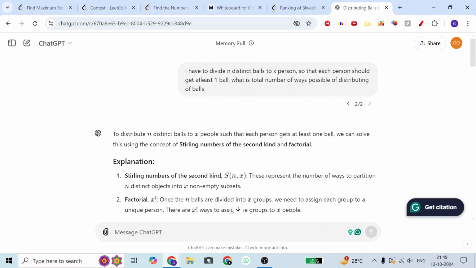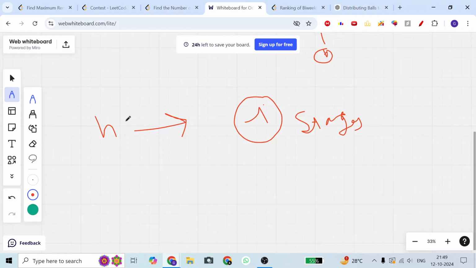Basically, what I can say, I have to assign n things to some i things. This is similar to a problem we solved. We have n balls. We have to assign these n balls to i number of people. Assigning performers to i stages is the same as balls to i people, so that all the i people should get at least one ball.